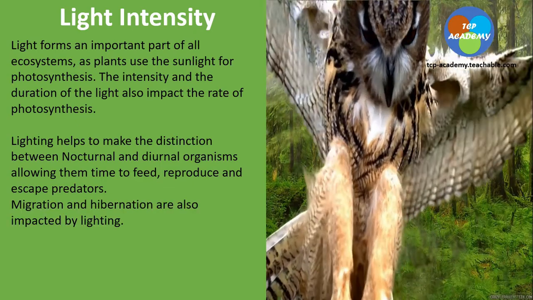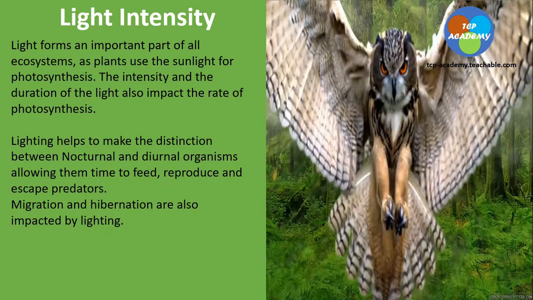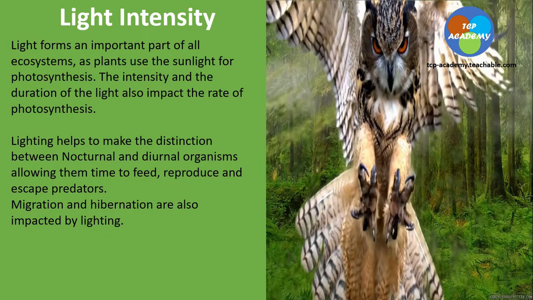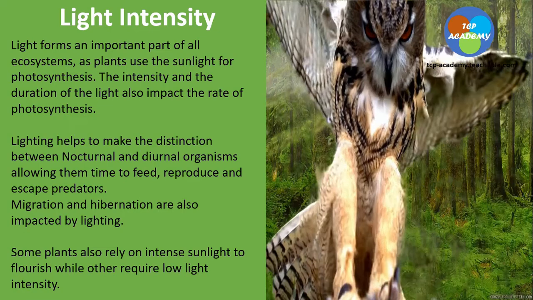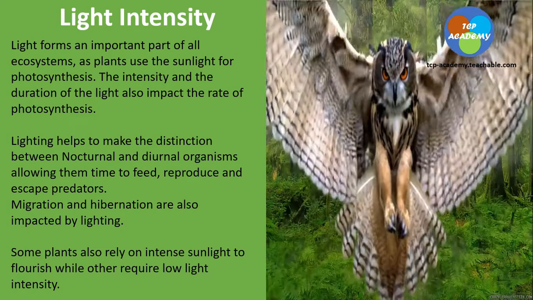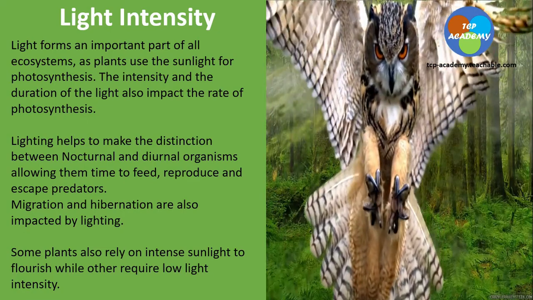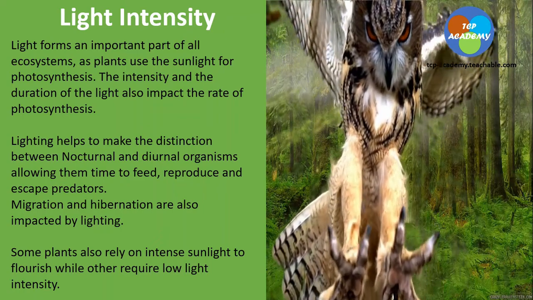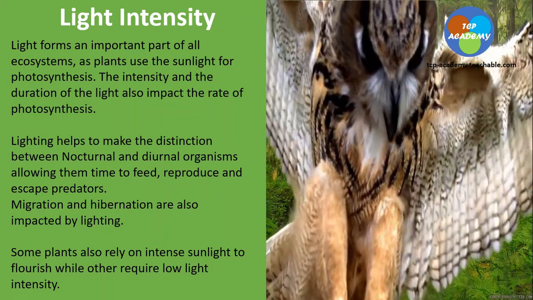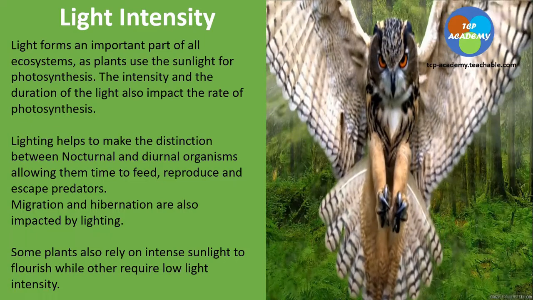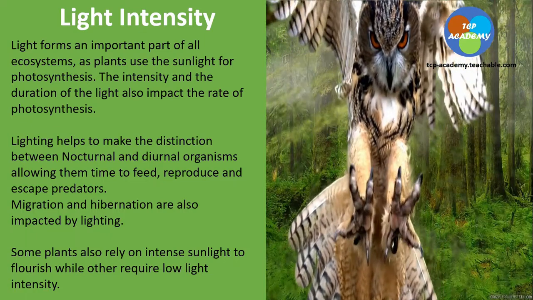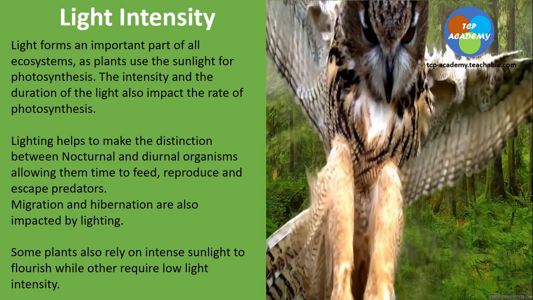Now migration and hibernation are also impacted by lighting. Some plants also rely on intensity of the light to flourish or to do well, while others require low light intensity.